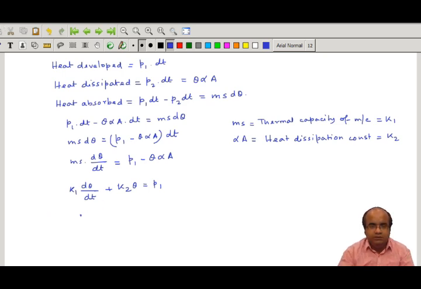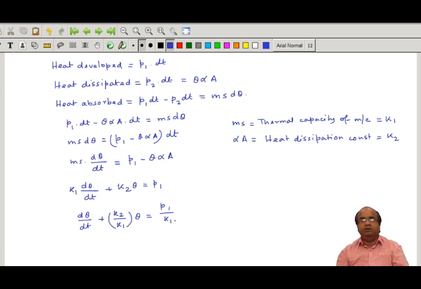We get d theta by dt plus K2 by K1 theta equals P1 by K1. Now this is in the form of a first order ordinary differential equation.